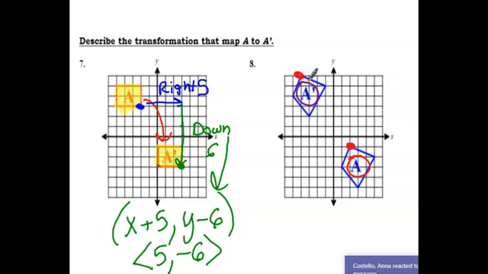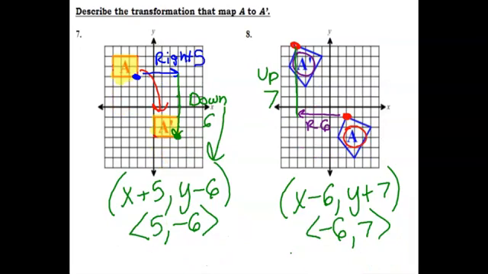So count and come back when you're done. All right, for number 8, I went left 6, and up 7. So then this would be my rule. So x minus 6 because I went left, and up 7 means plus, and then this would either be in the coordinate or in the vector form.